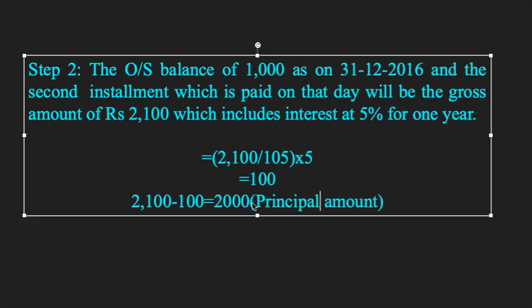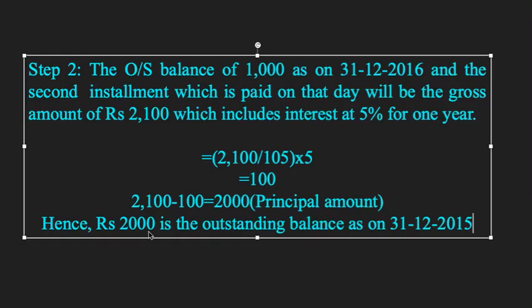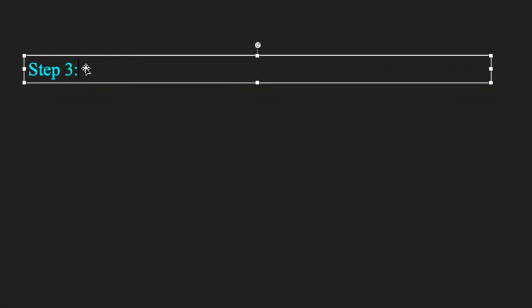Or we can say this 2000 rupees is the outstanding balance as on 31st/12/2015. Am I right? And hence we can write down rupees 2000 is the outstanding balance as on 31st/12/2015. Now we have the third step here.